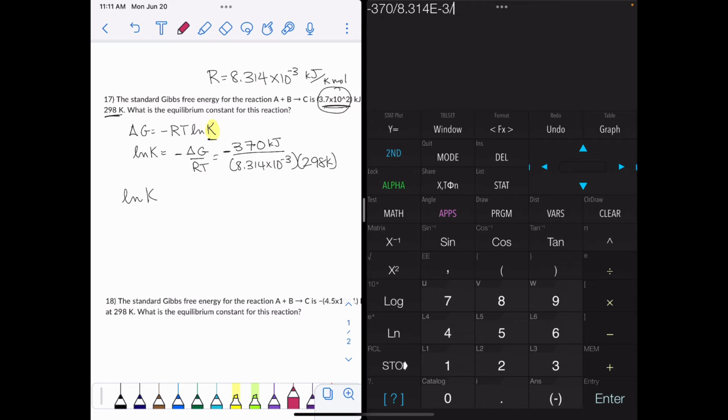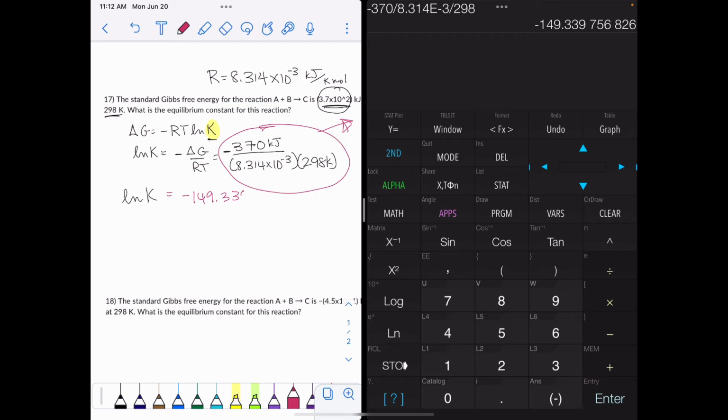And then I'm going to hit divided by 298. The reason I'm hitting divided by again is because I didn't put parentheses around it. So divided by 298 equals. That is what's on the screen right now. Notice it is negative 149 point something. That's what my log of K is.